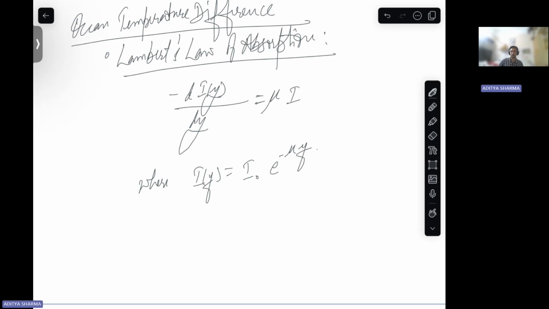Absorption of what? Solar radiation. Okay, and what is y? If this is your water surface, then y is in this direction.